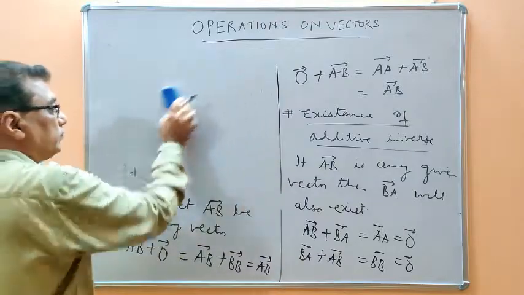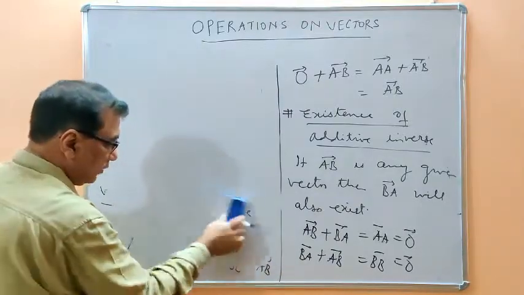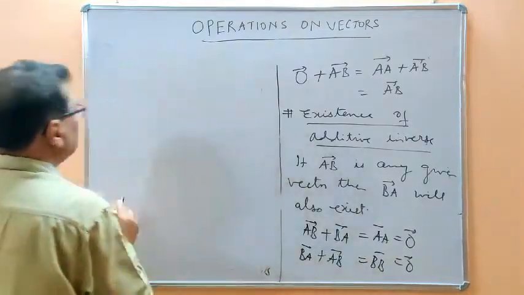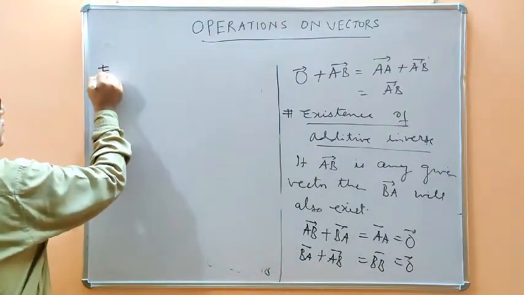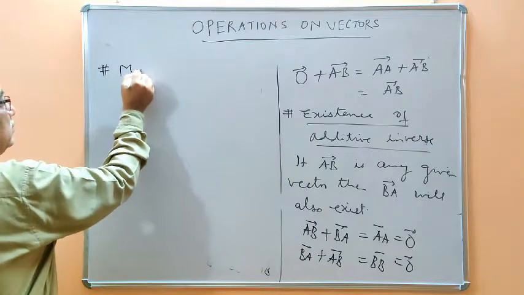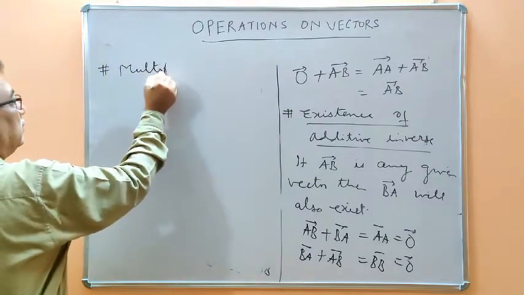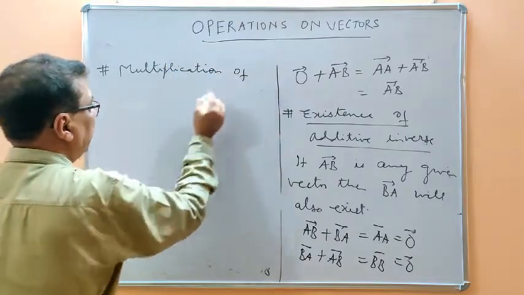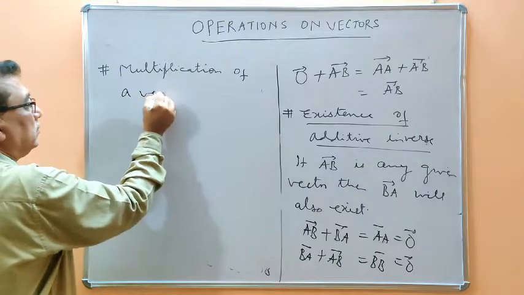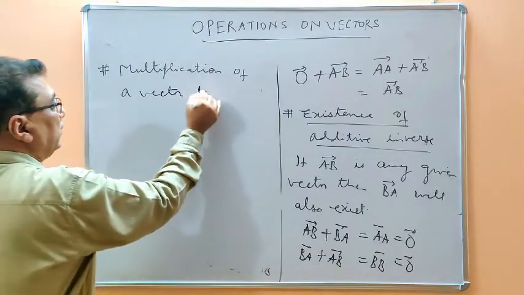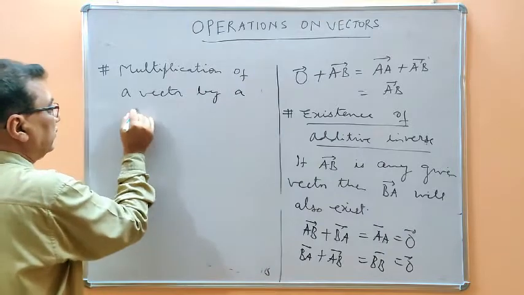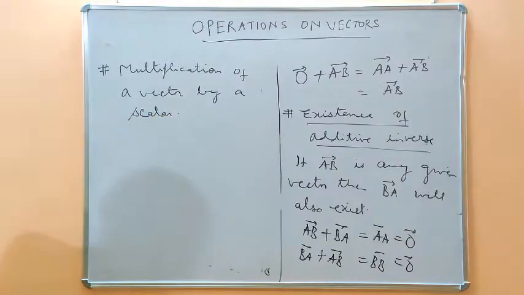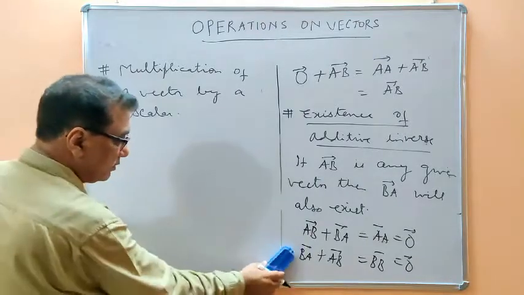Now I will tell you the meaning of one more operation, that is called multiplication of a vector by a scalar. Okay. Scalar means real number.